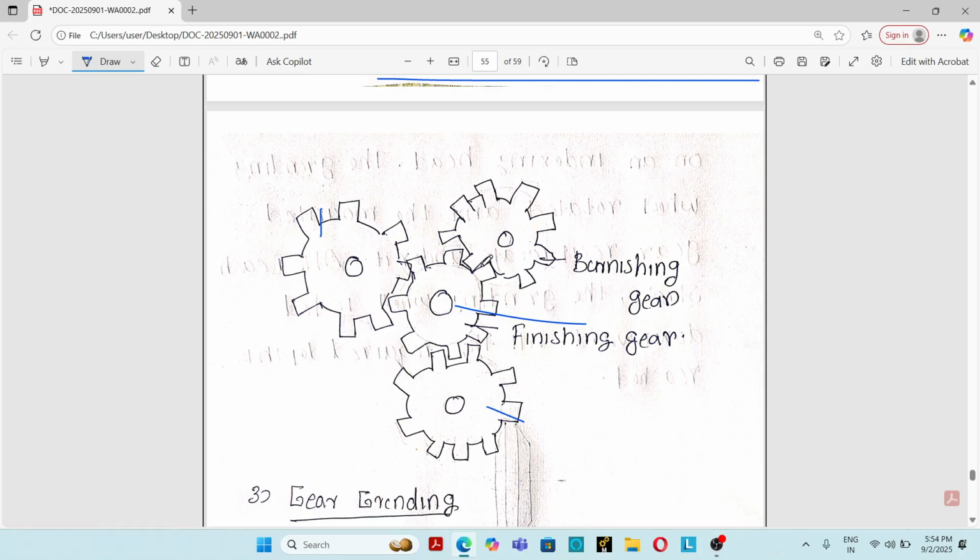In this process, there are three hardened master roller gears, and this is the gear undergoing the finishing process. During this operation, the gear being finished meshes with the master gears and rotates. Some material is removed from the finishing gear and the gear finish increases.